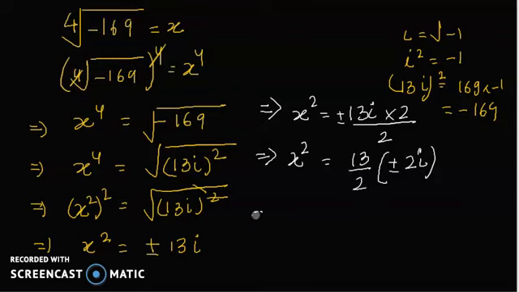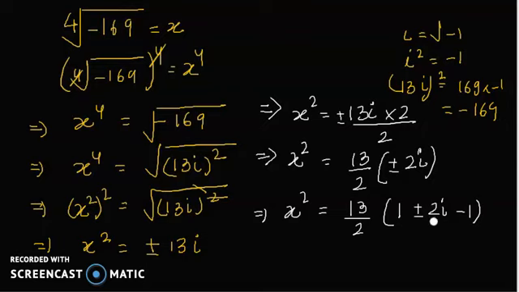In the next step we can write x square is equal to 13 by 2 times 1 plus minus 2i minus 1.